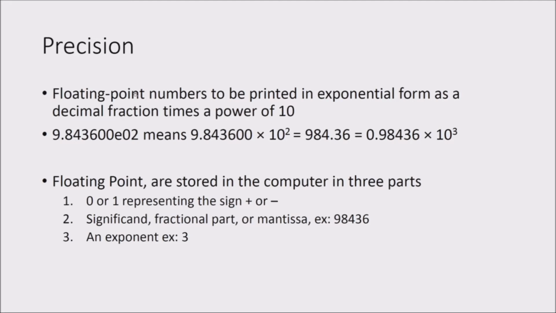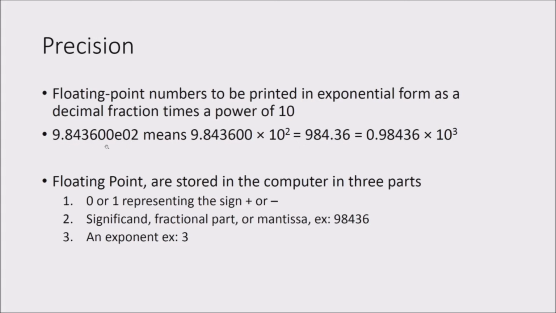Right, so the floating point numbers are to be printed in exponential form. So this is exponential form actually. You may have seen this in your calculator. It has a little e in there, and then a number. Right, so this is exponential form.